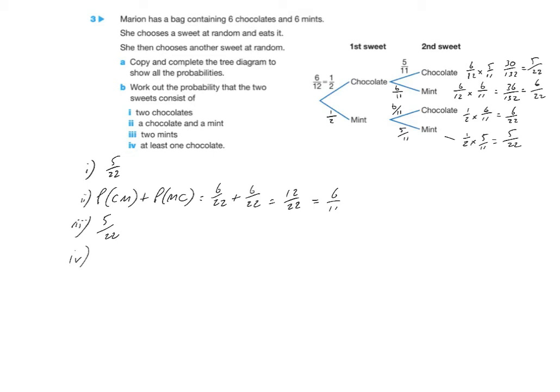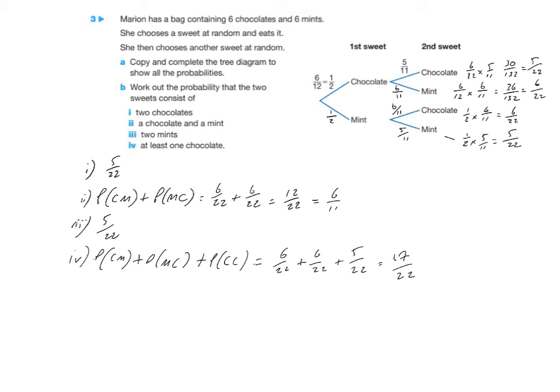And 4 is at least 1 chocolate, so probability of chocolate then mint plus probability mint then chocolate plus probability of chocolate. I'm getting hungry now. That's 6 over 22 plus 6 over 22 plus 5 over 22, which is 17 over 22.